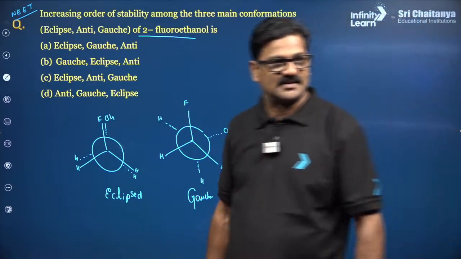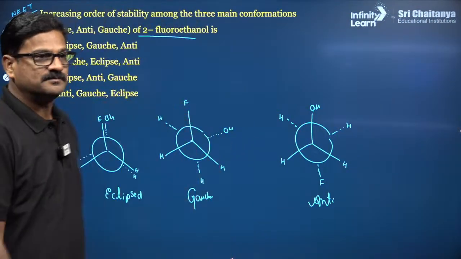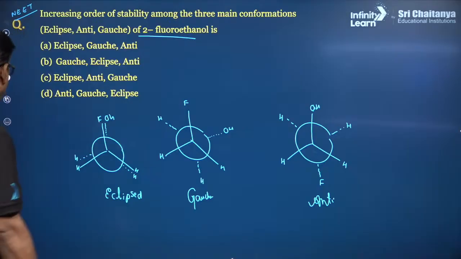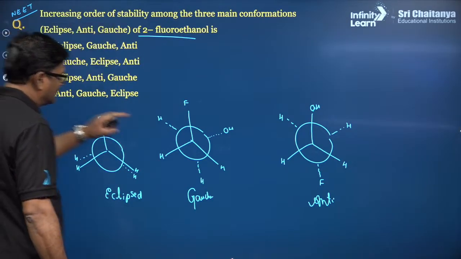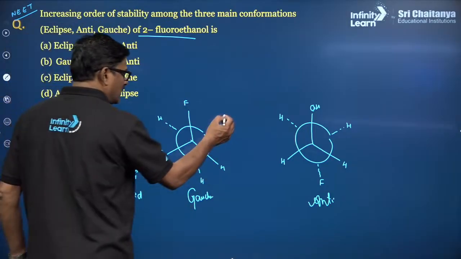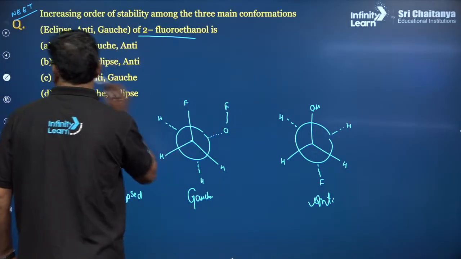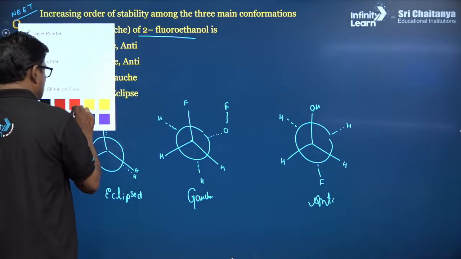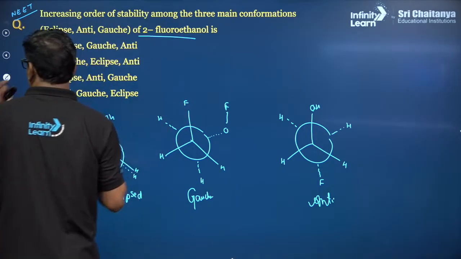But in this case, fluorine is going to form intramolecular hydrogen bonding. It's a specific condition. So let us write this fluorine over here, and it forms a 5-membered ring with the OH.